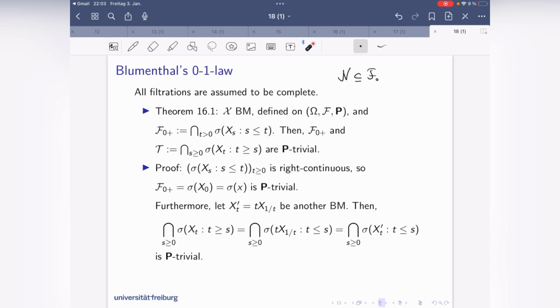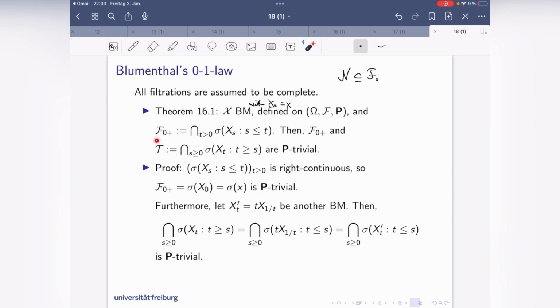So the Brownian motion here starts in x with x0 deterministic. And well, this sigma algebra is the most trivial thing. It only contains the N here. So it contains only null sets and complements of null sets. And that's, of course, a p-trivial thing.